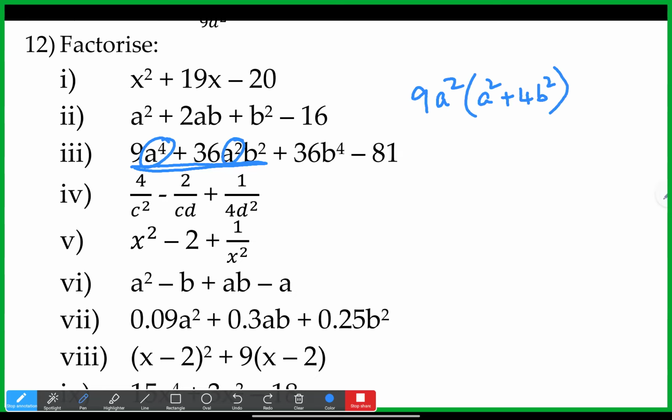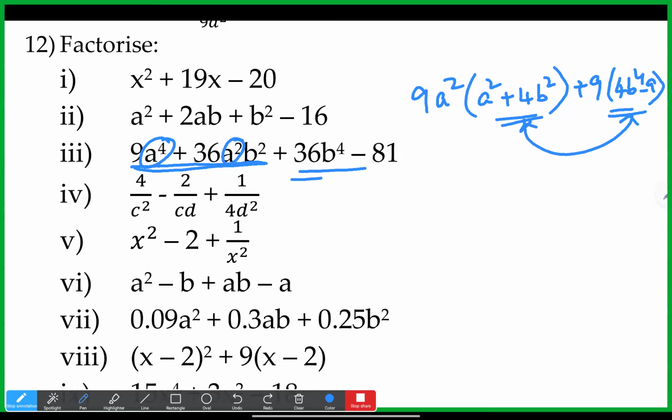Now here, Maisha, if you observe 36 and 81, again 9 is common. There is no b with 81, so we cannot take b common. 9 4s are 36 and b power 4, minus 9 9s are 81. Can you see if the brackets are the same, Maisha?